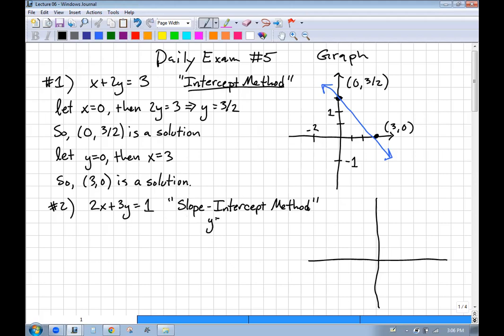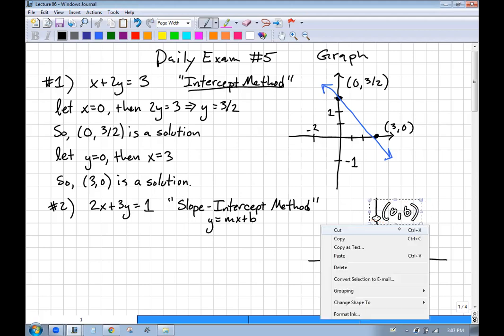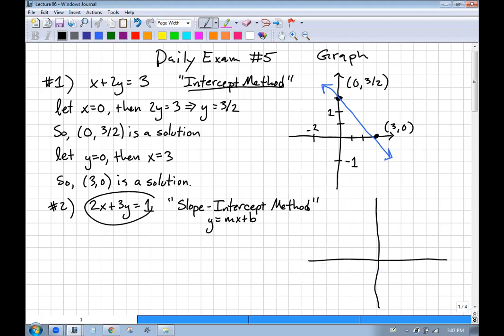Remember, slope-intercept method means put it in this form. Here's your slope, and there's your y-intercept, right? You can see this is the intercept. If I let x be 0, then y is b, right? Wherever it is, this is (0, b), okay? So what we need to do is get this in that form.